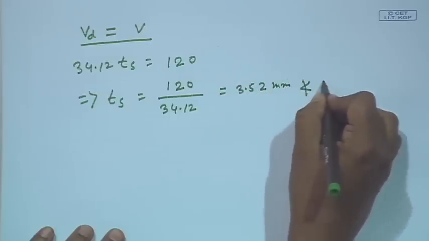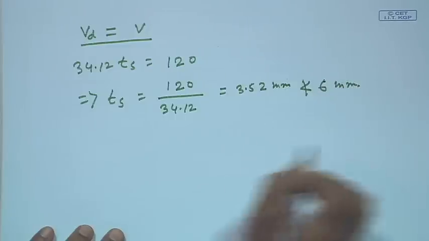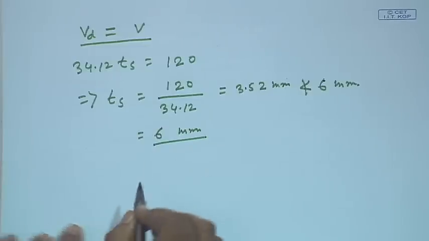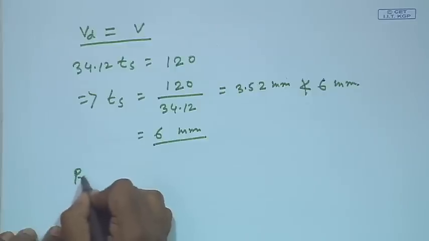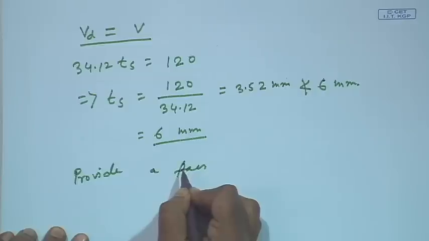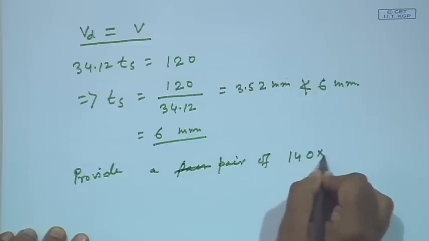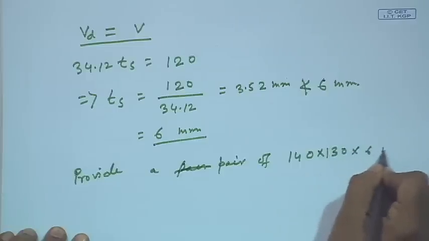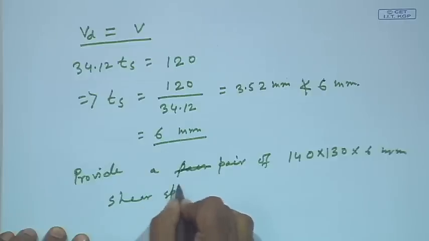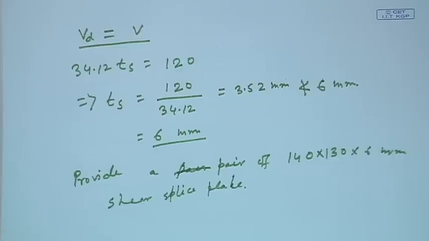So, it should not be less than 6 mm, right. So, at least we have to provide a 6 mm splice plate. So, we can provide a pair of 140 by 130 by 6 mm shear splice plates at each side of the web.